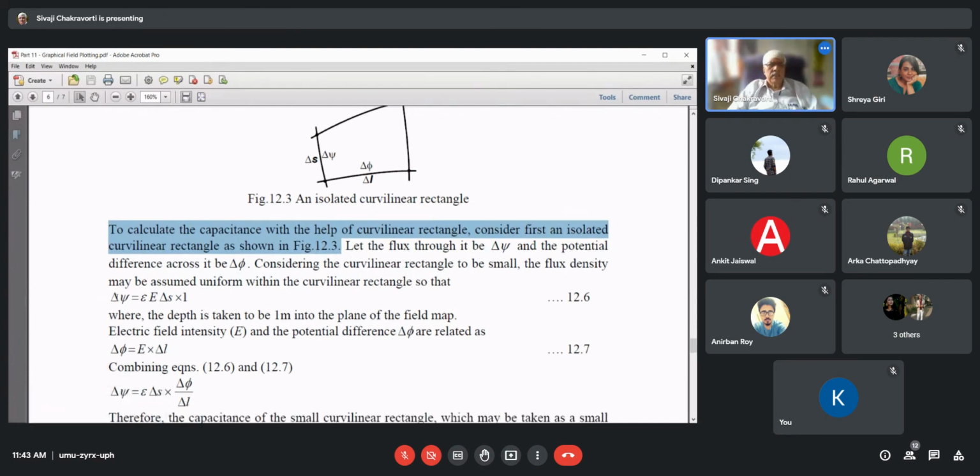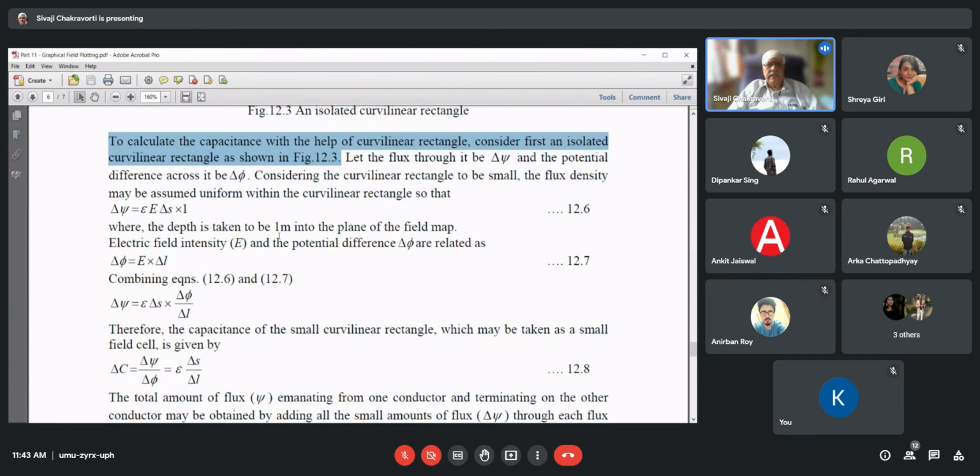Then we can always say that the flux density may be assumed uniform, so that this E into del S into 1 that I was telling, multiplied by epsilon, will be equal to the flux density, because epsilon into E is D, the flux density.